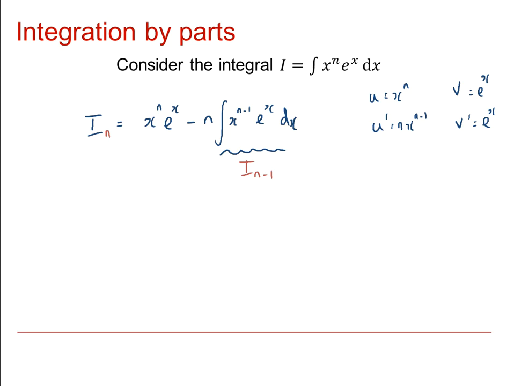So we've produced a formula now which says that In must be equal to x to the power n e to the x minus n times In minus 1. And this is what's called a reduction formula.